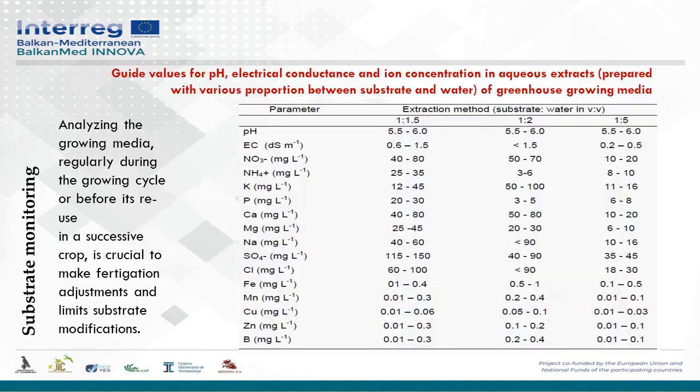So this is what we should expect during the use of a substrate, and therefore there is a need to analyze the growing media regularly during the growing cycle, before it's used for the first time and before it's reused in a successive crop.